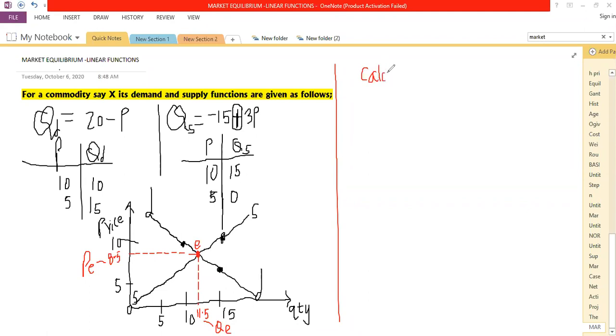It's not a must that one does the graphical representation. You can as well calculate the equilibrium price and the quantity from the two linear functions given. The first step is the condition for equilibrium. The condition for equilibrium is what?